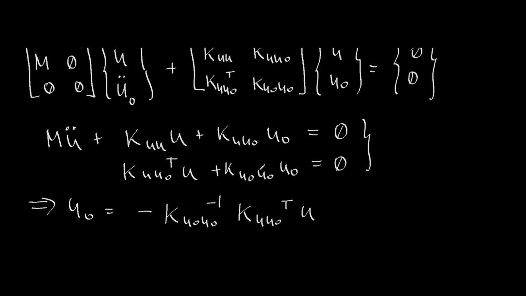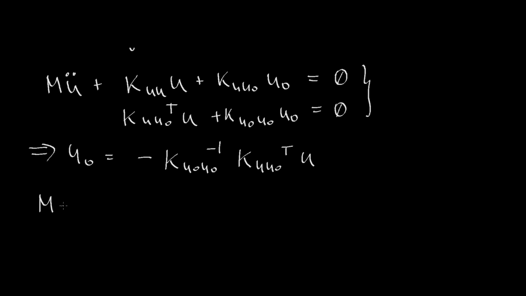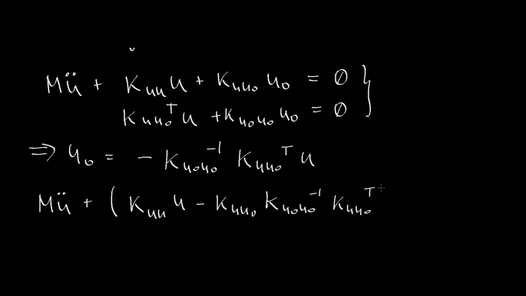If we eliminate u0 from this second equation, we reach this result. We can then plug this result into the first of our equations, and this equation can be written in the following way. And reach this equation here.